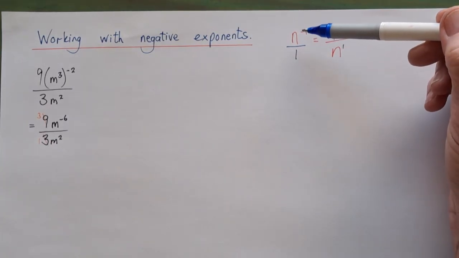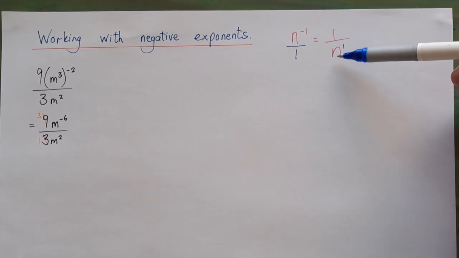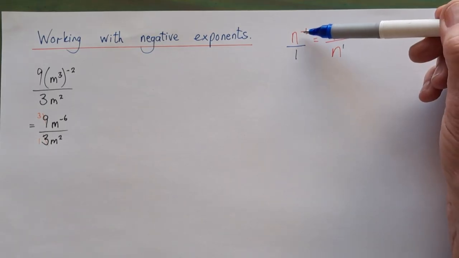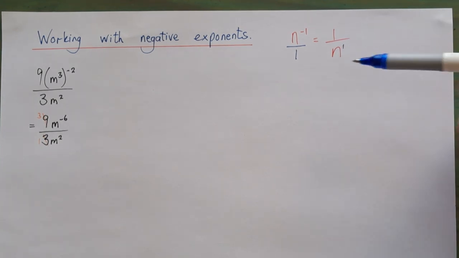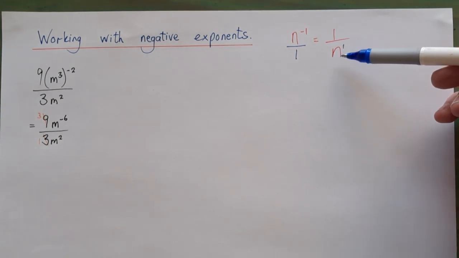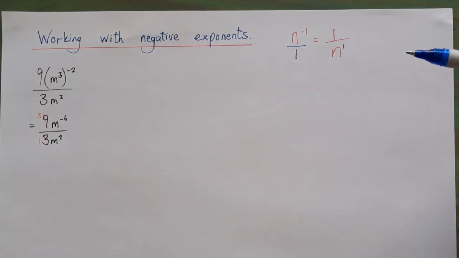So we can see that as something moves from the numerator into the denominator, the negative exponent is staying the same numerical value, but its sign is changing. The same would happen if I had an n to the negative 1 in the denominator. I could take it to the numerator as n to the power of positive 1. So that's basically what we're applying all the time.